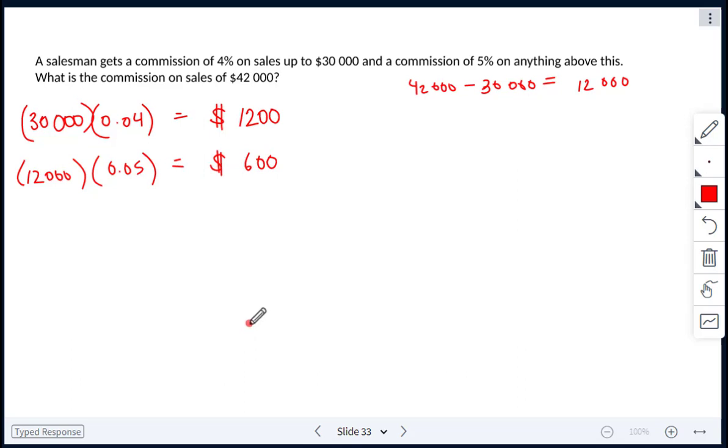Now we have the two commission amounts, and we just have to get the total by adding those two, and we get a total amount of $1,800. So the commission on sales of $42,000 is $1,800.